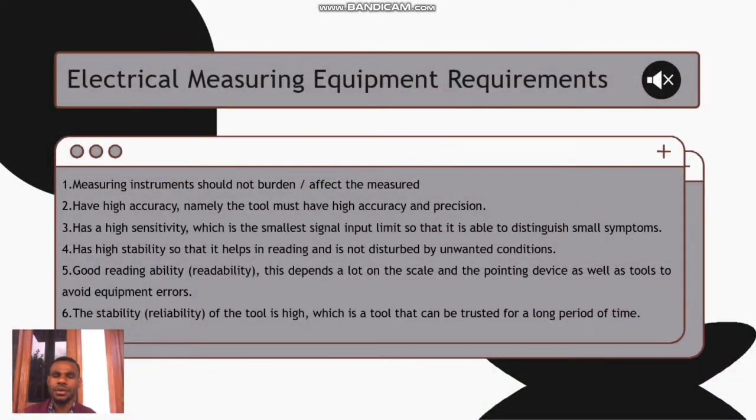My instrument and graphic. Number one is instrument reading and output.